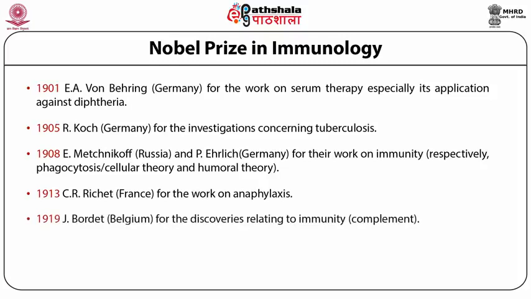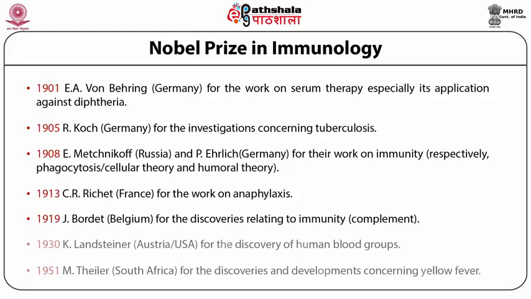Bordet, for his discoveries relating to immunity, actually for his discovery regarding complement, was also awarded the Nobel Prize in 1919. Karl Landsteiner in 1930 was recognized for his discovery of human blood groups.